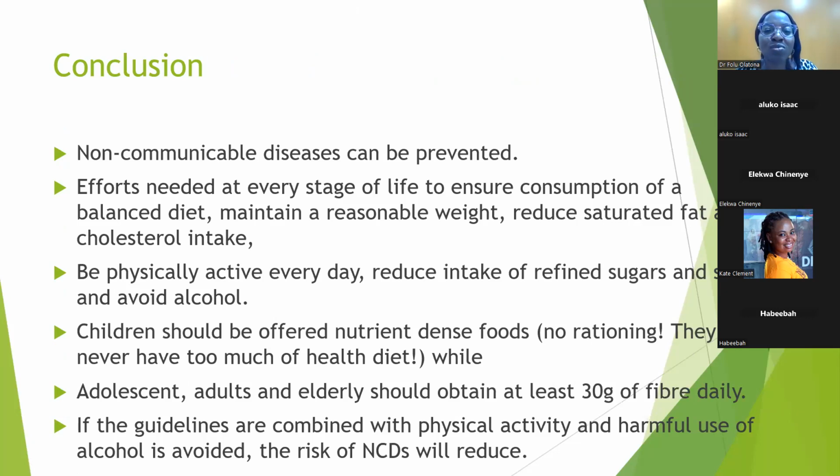So physical activity is what will balance nutrition, because the amount of food that adults take to provide enough nutrients will be too much in terms of calories. But the way to go around this is to avoid refined sugar that releases a lot of calories and to be physically active.